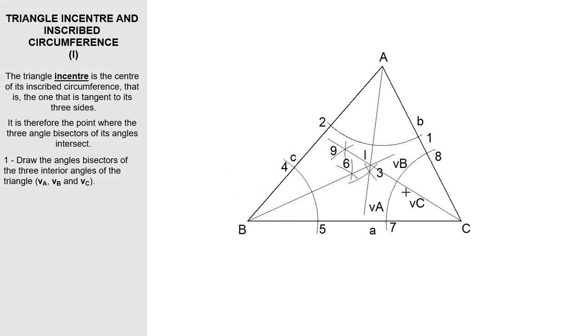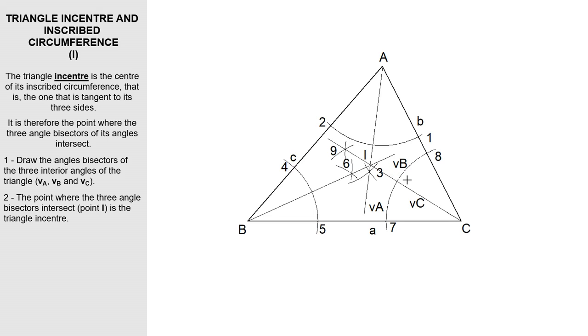Let us look at this property. If every point on this angle bisector V sub A is the same distance to sides B and C, if every point on this angle bisector V sub B is the same distance to sides C and A, and if every point on this angle bisector V sub C is the same distance to sides A and B, the point where the three angle bisectors meet, point I, is the same distance to sides A, B and C at the same time.